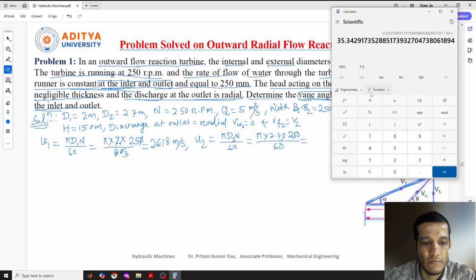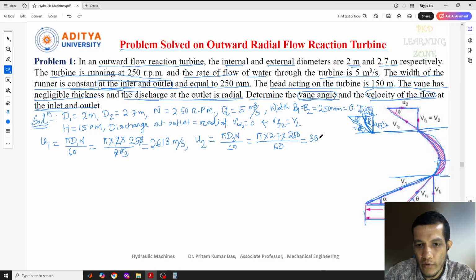Yes, the same value came. I just tried another method, but we got the same value, near about 30.34. So U2 is 30.34 meter per second. What I did was divide this by 2 and multiply by 2.7, because our remaining values are the same.